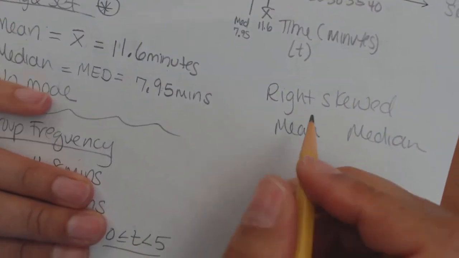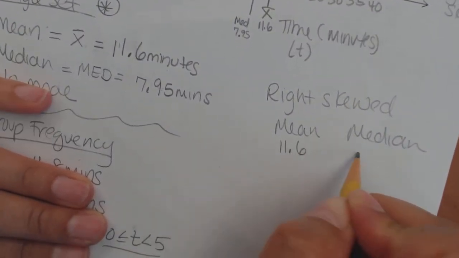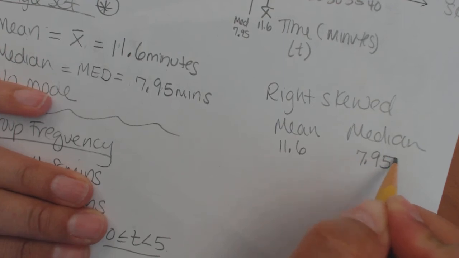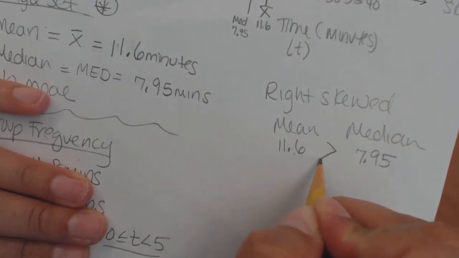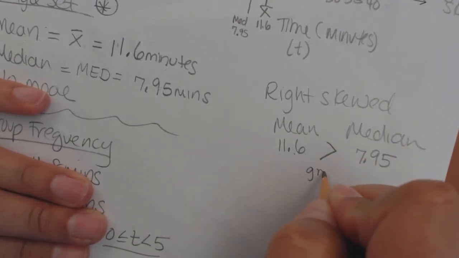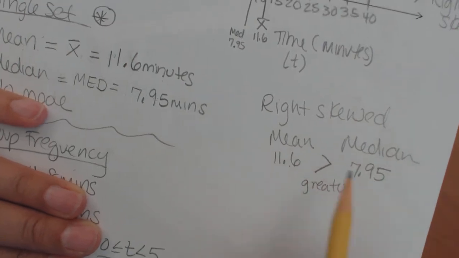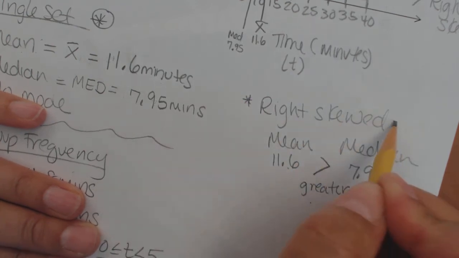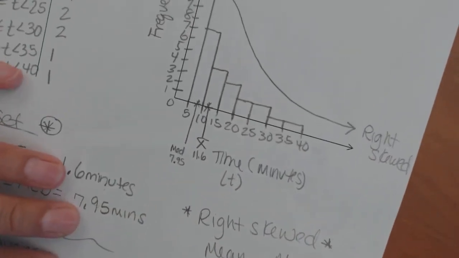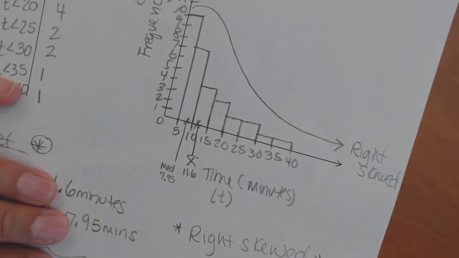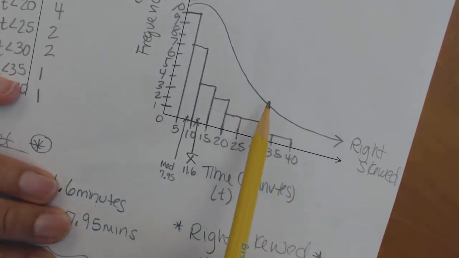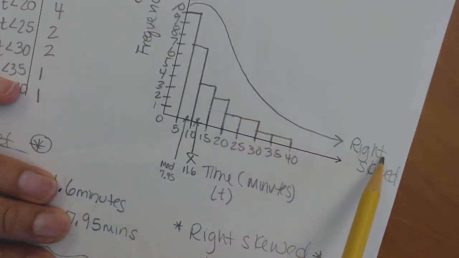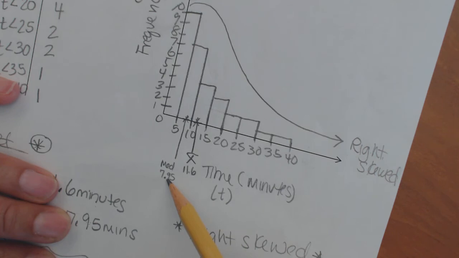So if you notice, our mean is greater than our median. If our mean is greater than our median, that means that we do have a right skew. So this is how to verify your reasoning that it is right skewed. We said the arrow goes down and towards the right on our graph, correct. Now we can prove it by saying that our mean is greater than our median.